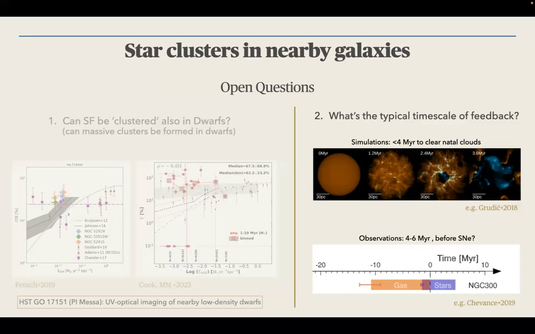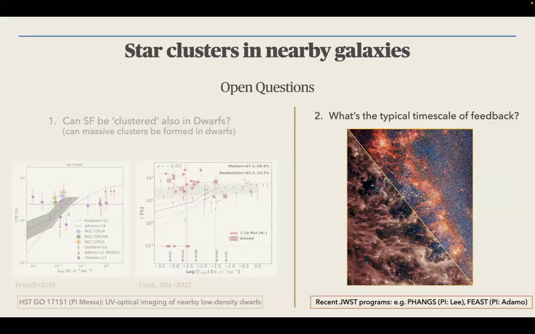It looks like it's between 4 and 6 million years, which is where we expect the first supernovae. This is important because if this timescale is short, it means that when the supernovae explode, they explode in a gas-free medium, so their energy will have an impact on the entire ISM and not only on their gas clouds.